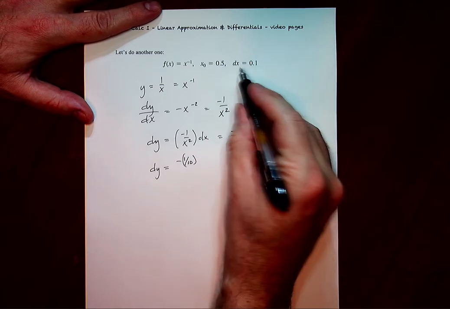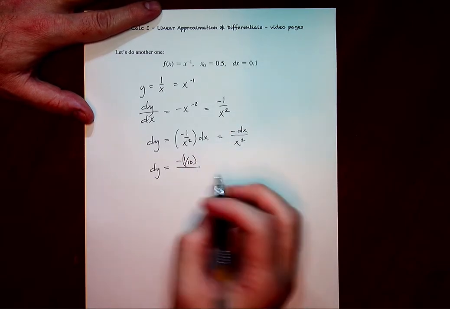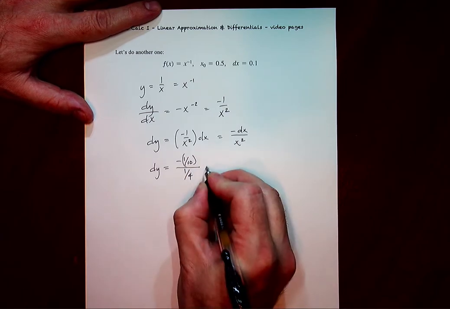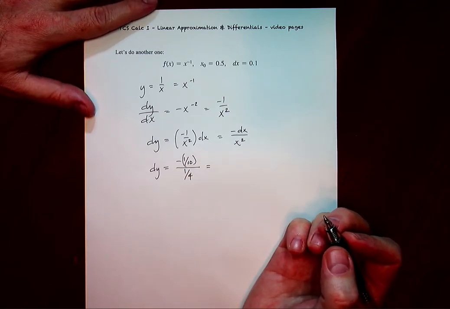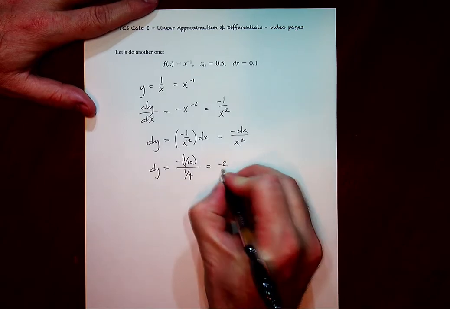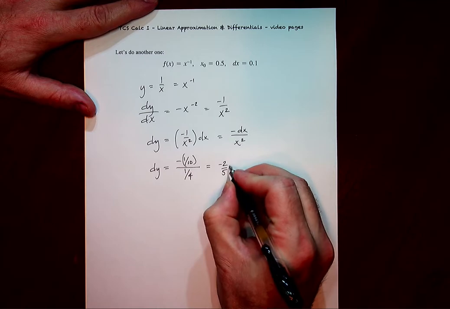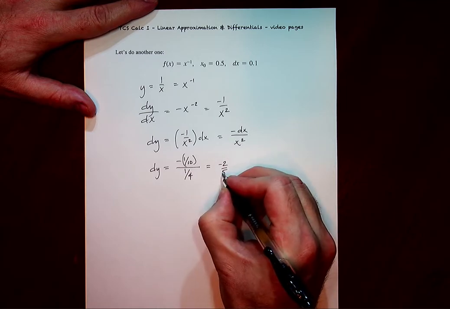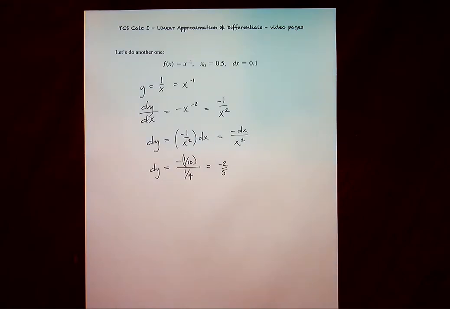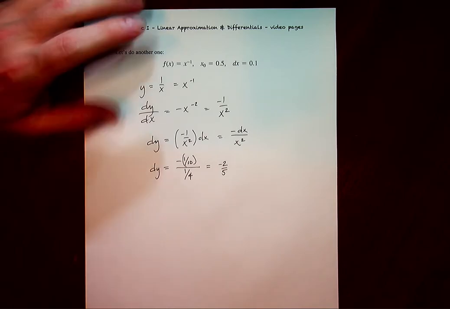Because that was my dx, and I like using fractions because they're easier, over 1/4, and negative 1/10 over 1/4 is going to be negative 4/10 or negative 2/5, and basically that is your dy, okay? Now, of course, you can unnegativize it because we are dealing with distance here. And it really depends actually upon how the question is asked, but you get what I'm saying.